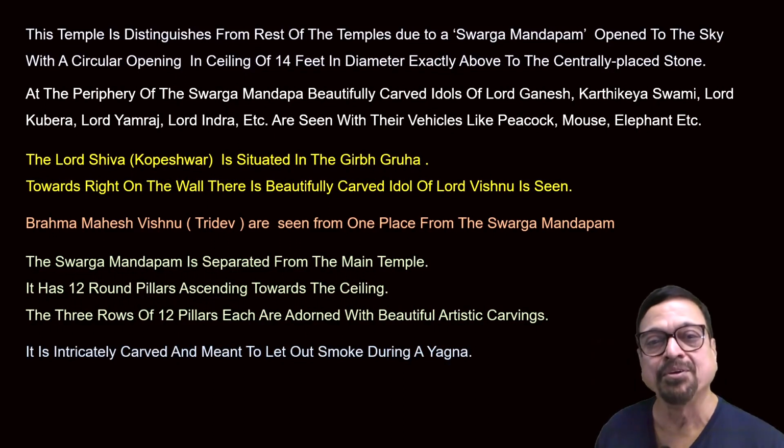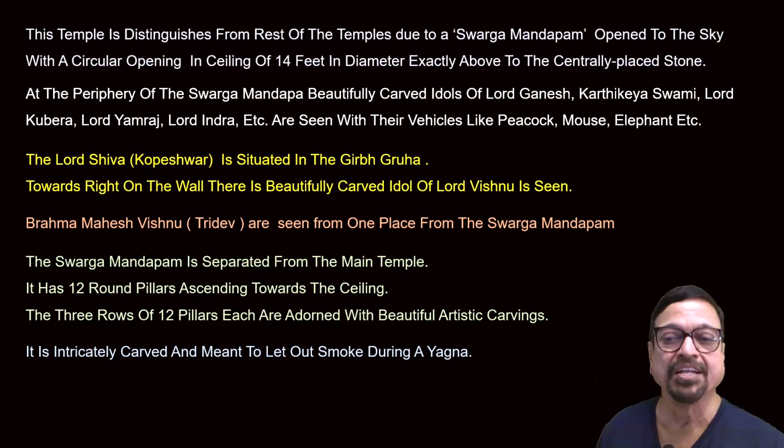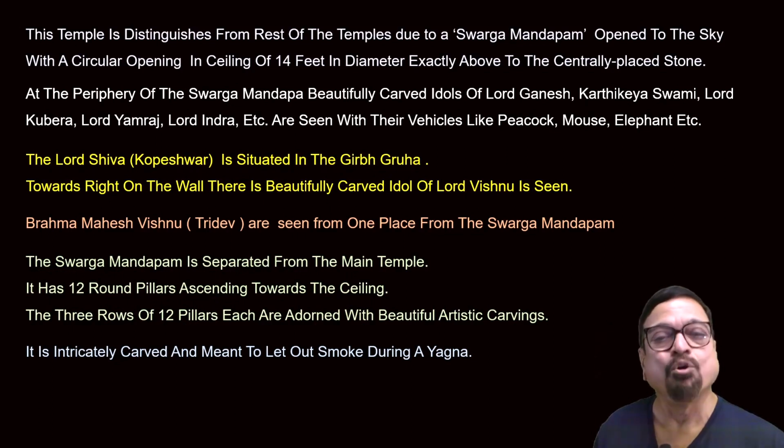Spend more time, and try to analyze each image, how it is different and how they must have been carved at that time. And don't forget, the temple is more than 800 to 1000 years old. The opening of the Swarga Mandapam is nicely carved and excellently symmetrical.